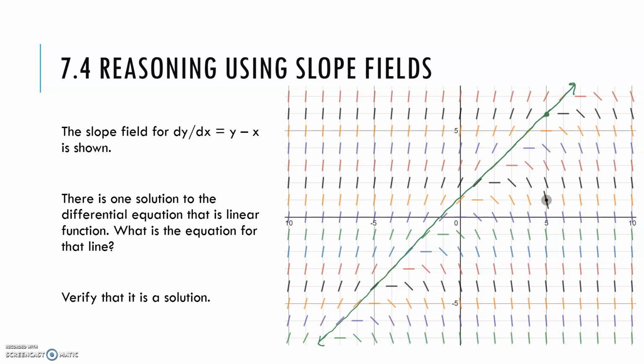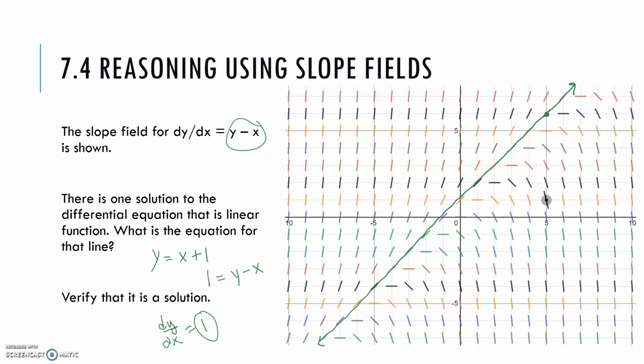And so the equation for that linear function would be y is equal to x plus 1. And then this says verify that that is a solution. So let's go ahead and do dy/dx is equal to 1. And is 1 equal to y minus x? Yes, it is, because if I solve this for 1, I get y minus x. So that is kind of a justification that, yeah, that is the solution that works.